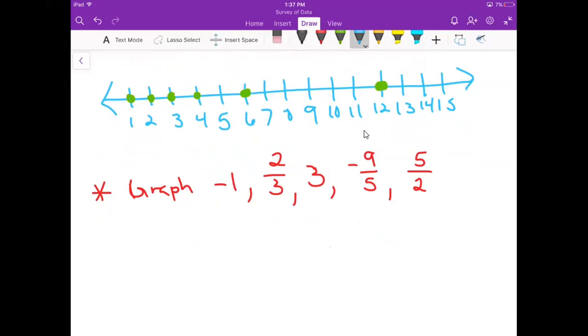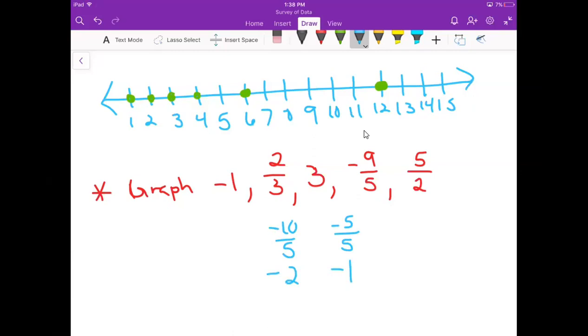So thinking about the fact that 2/3 is about 0.66, or the fact that 2/3 isn't quite 3/3 yet, so it's going to be between 0 and 1. -9/5 is a little bit over -5/5, right? So it'd be like -5/5, and then -2 would be -10/5. So it's somewhere in between -1 and -2.